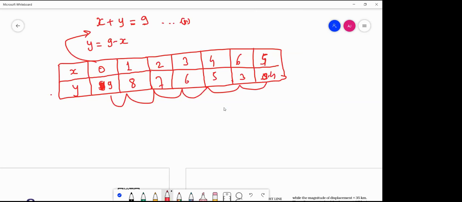So solution of an equation: the values of variables which satisfy the equation is called a solution of an equation.